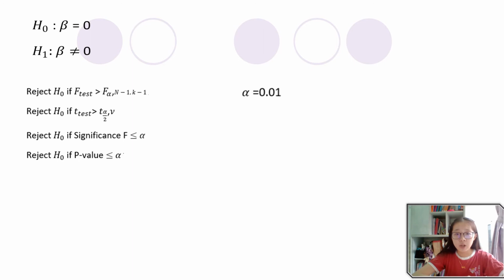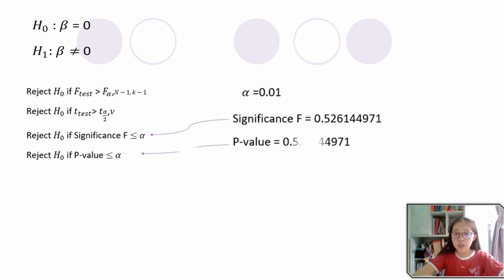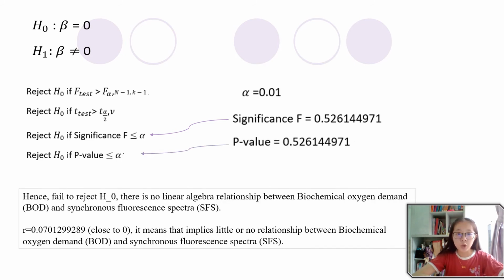Based on the table, alpha is equal to 0.01 and significance F value is 0.526144971, which is equal to the P value also. Hence, we fail to reject H0. So, there is no linear relationship between BOD and SFS in this question.